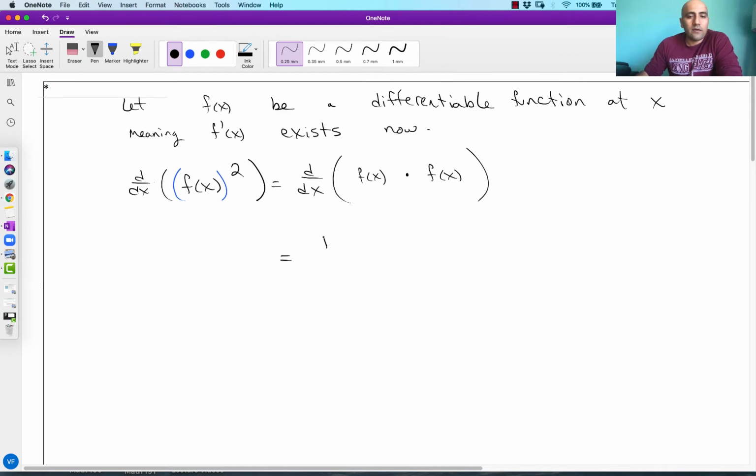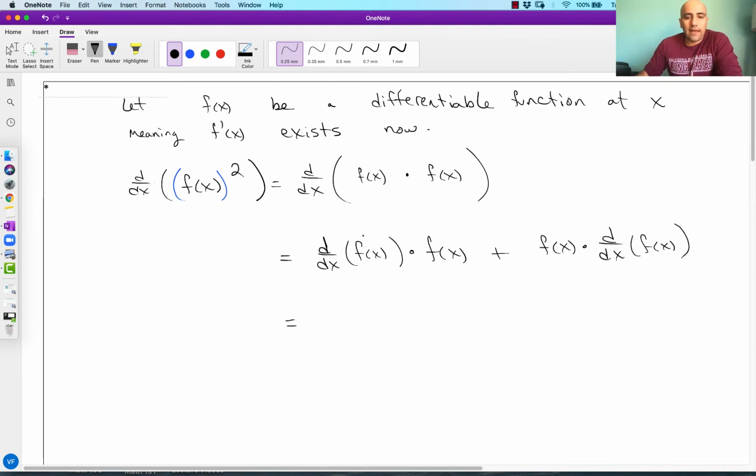So it's going to be d dx of f of x times f of x plus, now leave the first function alone, times the derivative of the second function. Right? That's how the product rule works. We take turns. Find the derivative of the first function, leave the second function alone, plus, now leave the first function alone, take the derivative of the second function.